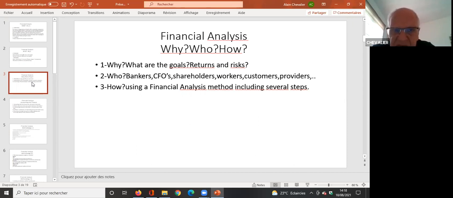How do we do that? Most of them use a financial analysis method. It could be a simple one, and this is what I will present in the next few minutes. Or it could be more complex, particularly in case of complex operation or complex legal structure, like groups of firms or international firms. Anyway, there is a method behind.